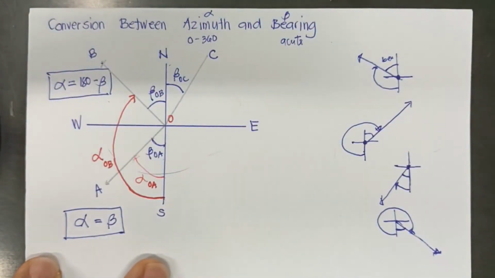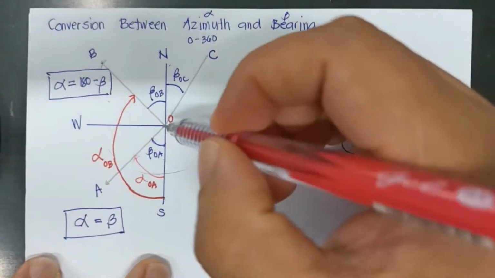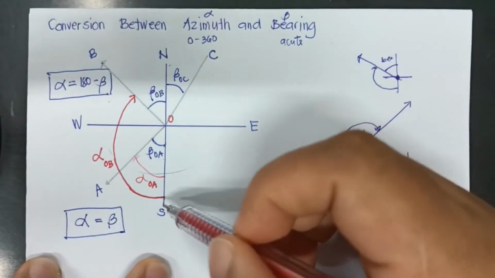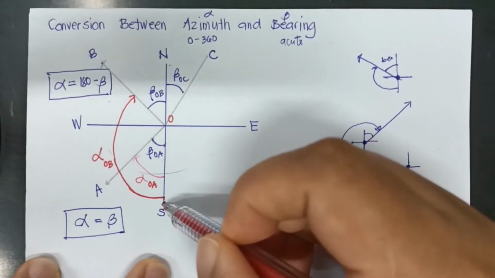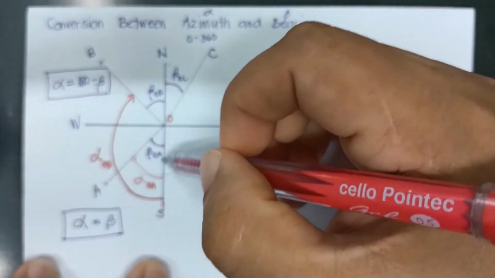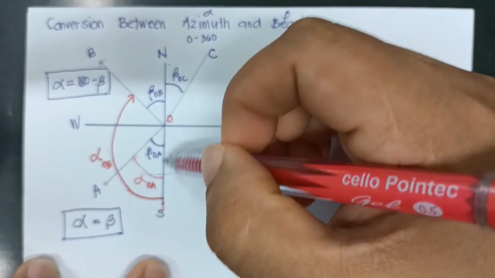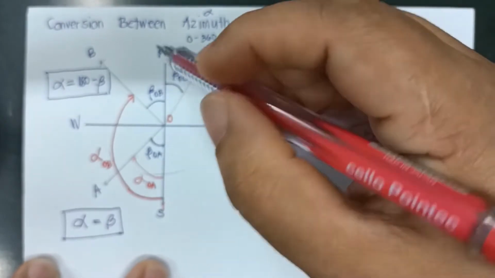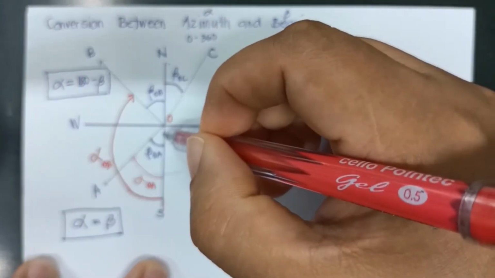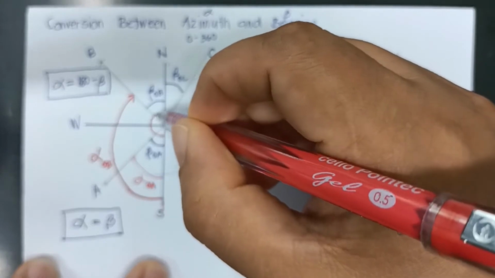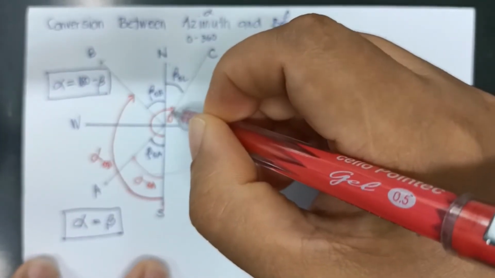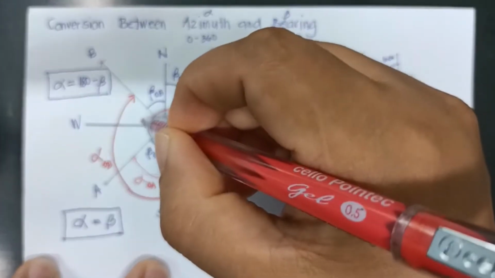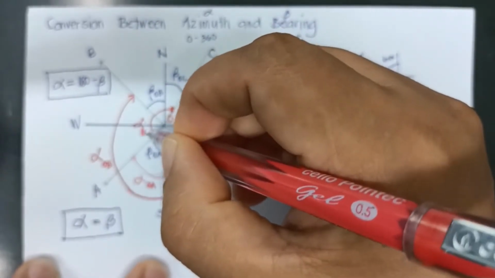And the azimuth is from the south branch, going to the line in a clockwise direction. So let me show you here. That one is the azimuth OC.